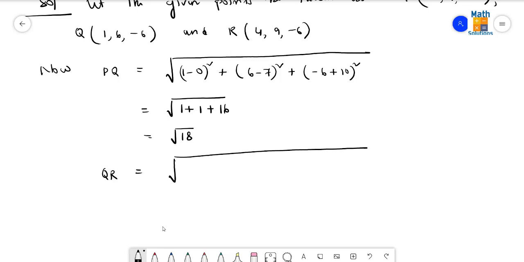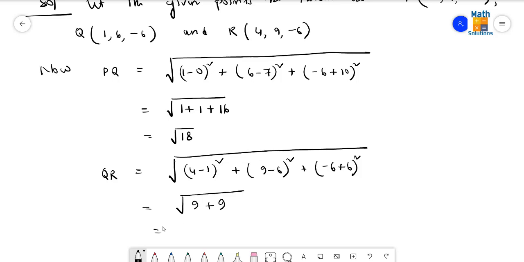So here in this case, using the coordinates of Q and R by distance formula, we shall be getting 4 minus 1 whole square plus 9 minus 6 whole square plus minus 6 plus 6 whole square. So the results will come as 9 plus 9 equals root 18.